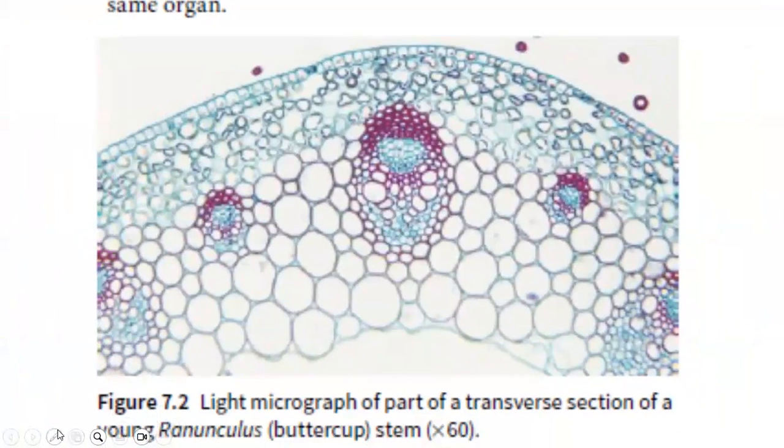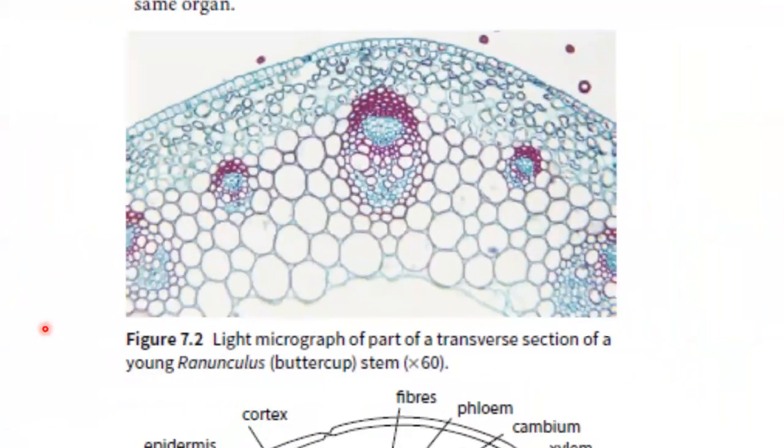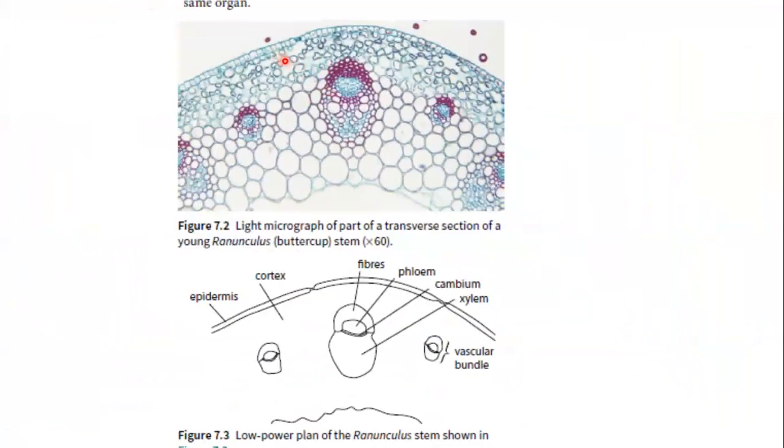So just to go over it once more, this outermost layer is your epidermis, okay? Then this is your vascular bundle. All of these are your vascular bundles. Then in your vascular bundle, the middle region over here is your phloem vessels. The large vessels in the center are your xylem vessels. The layer of cells in the middle is your cambium.